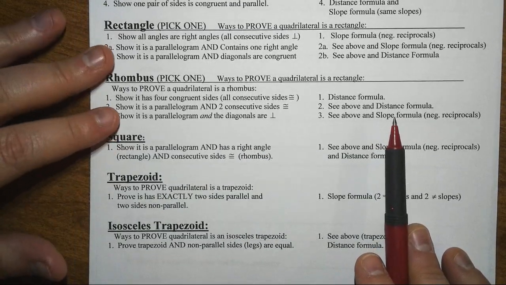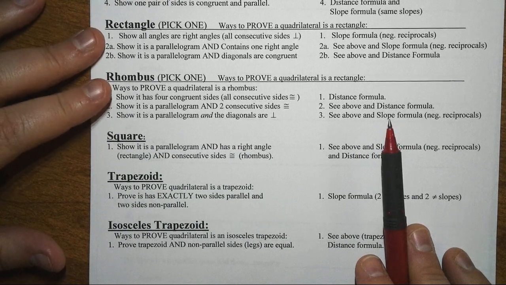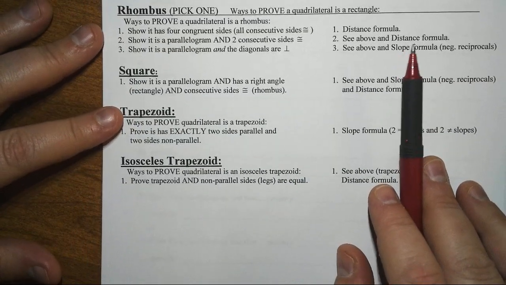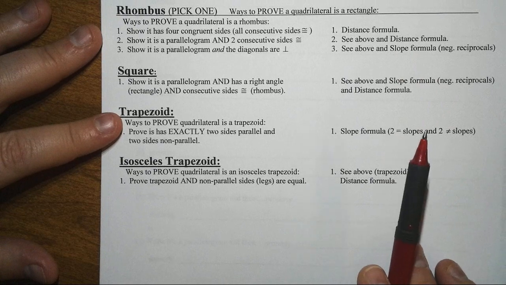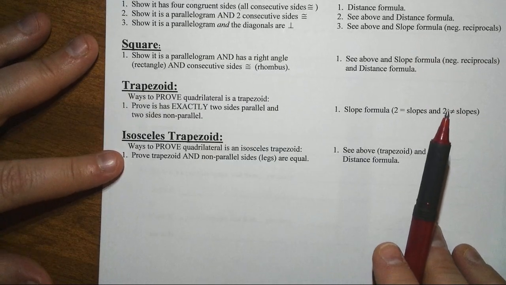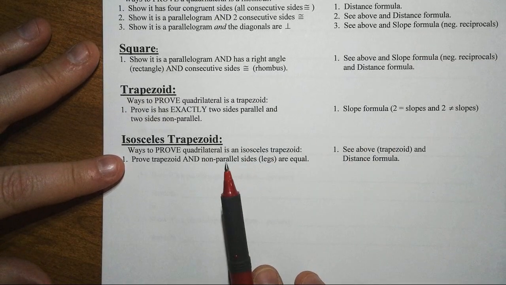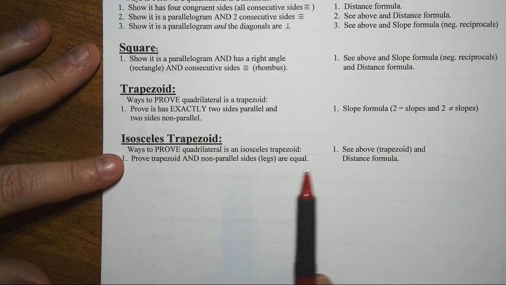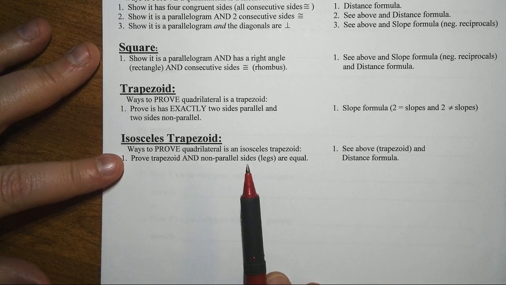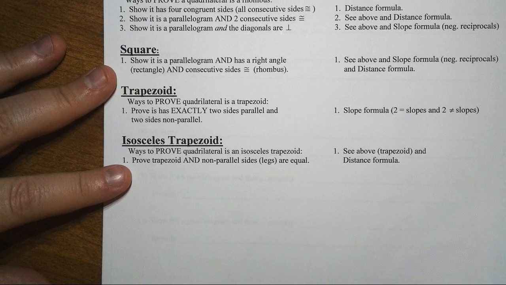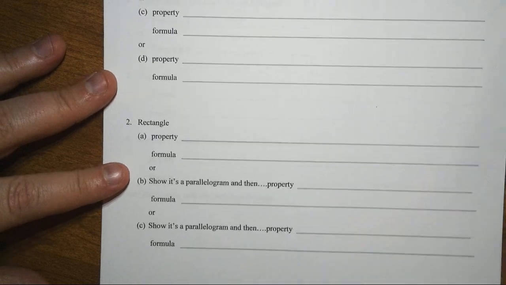A square is both a rectangle and a rhombus, so you're going to do one of each of these. A trapezoid is to show that you have 2 sides parallel, 2 sides not, so do the slopes. An isosceles trapezoid, you're going to do the trapezoid first, and then show that the sides that are not parallel are equal. That's going to be our options here.